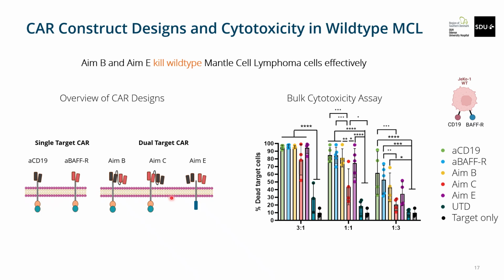This will be revealed later, but one of the aims with this particular construct is also to improve the durability, to avoid exhaustion of the CAR T cells over a longer time. Anyway, so these are the constructs that they have been using to make CAR T cells.